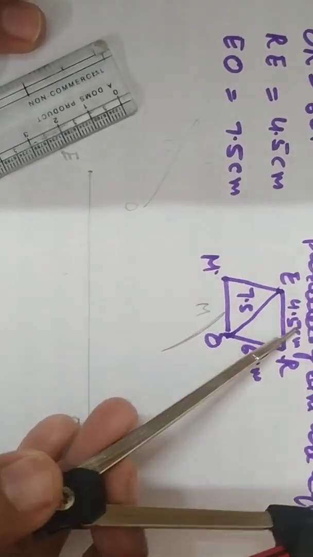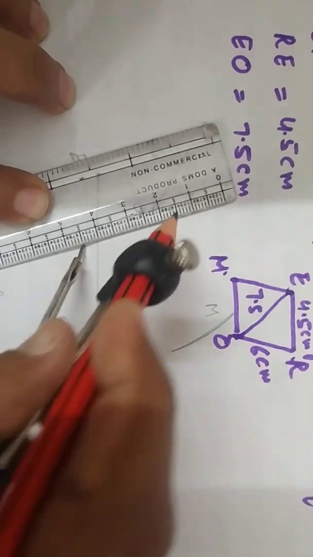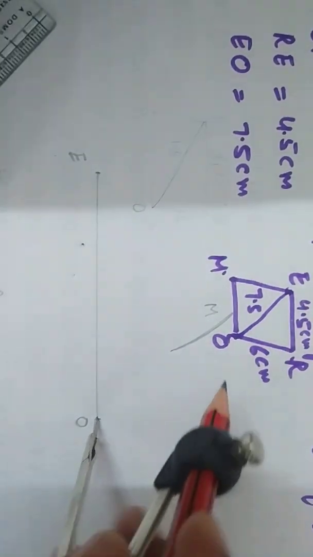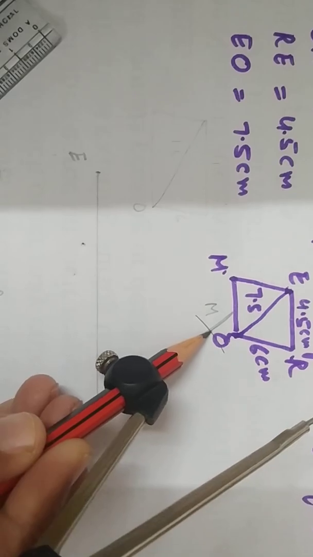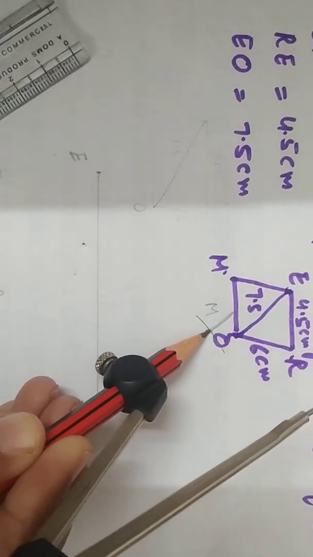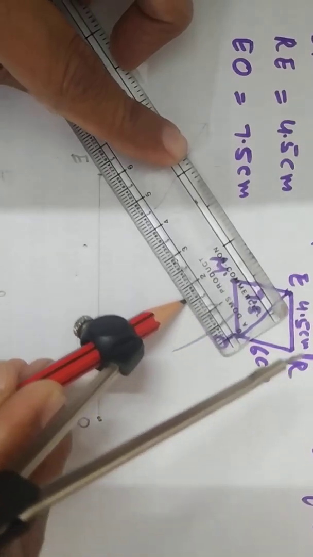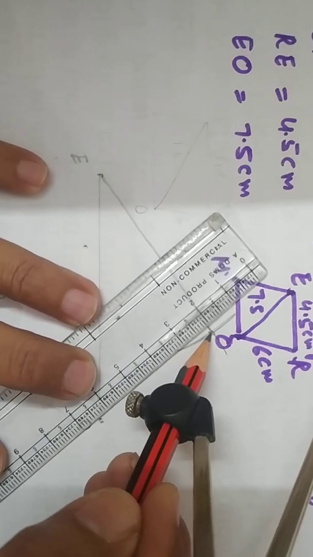So I am taking 4.5 centimeter, and from O, I will put an arc of 4.5 centimeter. The point where the two arcs intersect is M. This point is M. Now you can join ME and OM.